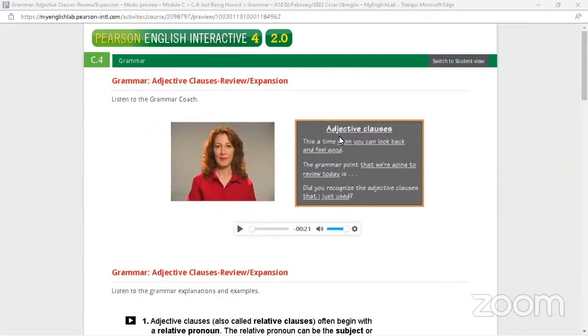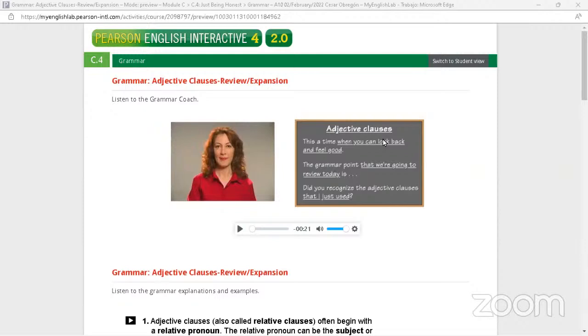So adjective clauses, for example: this is a time when you can look back and feel good. You have a clause, and it's an adjective clause because you're describing something. The grammar point that we're going to review today is the clause for adjectives. You're going to describe something.